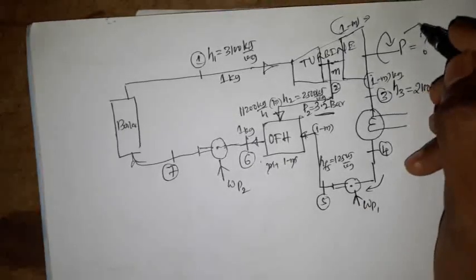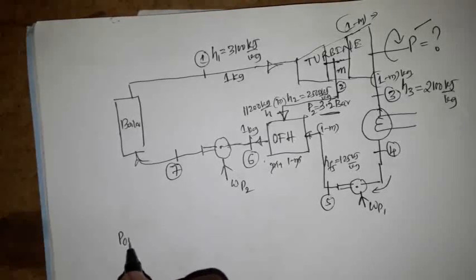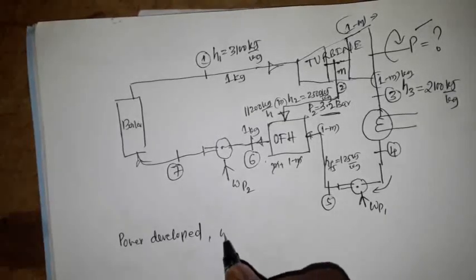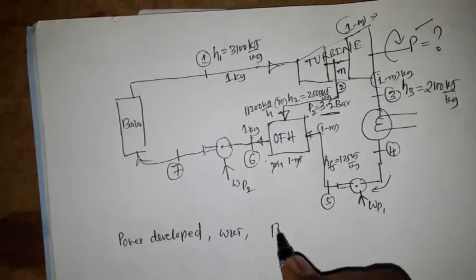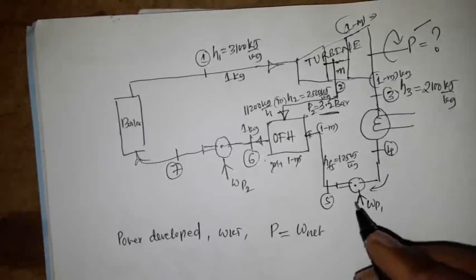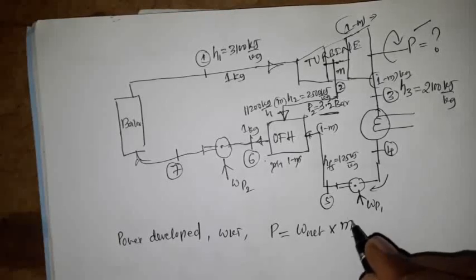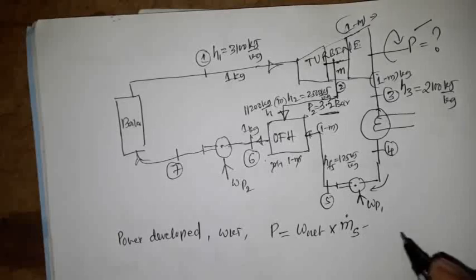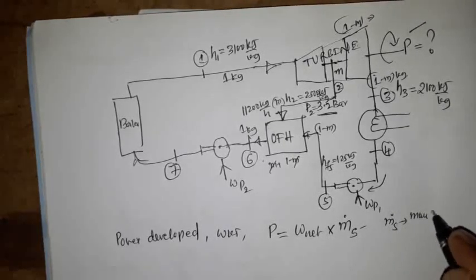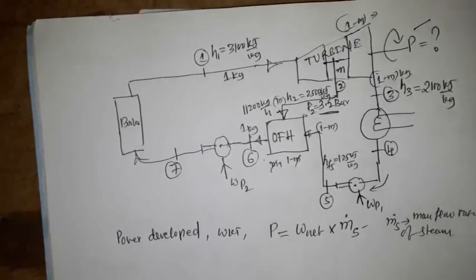So we are supposed to calculate power, and for power developed, we know that power is always the net work developed in the cycle times the mass flow rate of the working fluid, that is m dot s, where m dot s is the mass flow rate of steam.